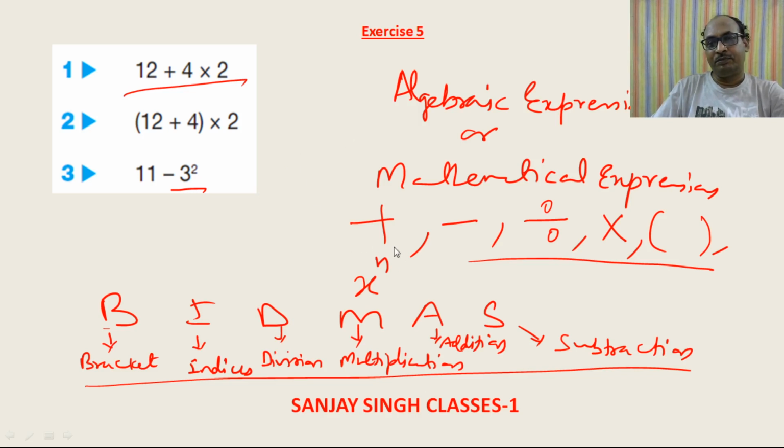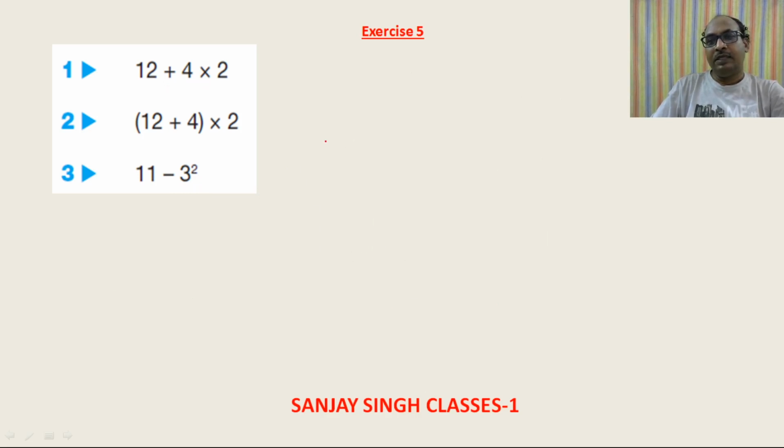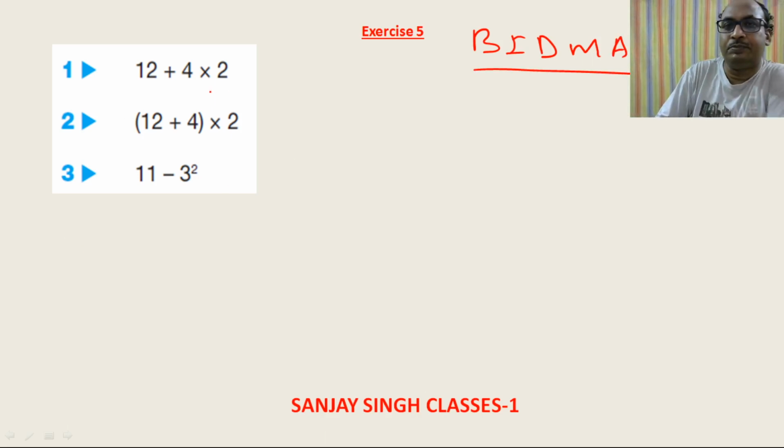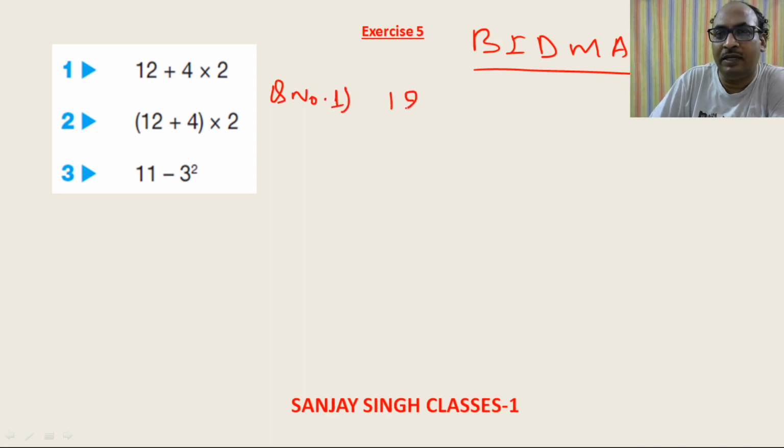Okay, right. Now I will write here BIDMAS at the top, and we will now solve all the questions. So let us solve question number 1. We are given 12 plus 4 into 2.